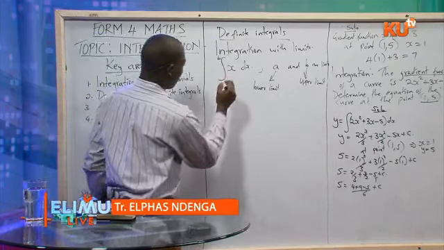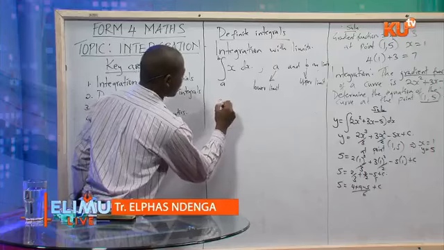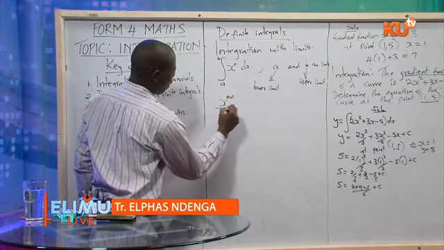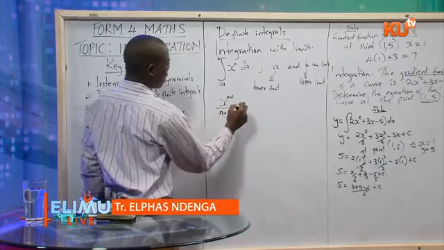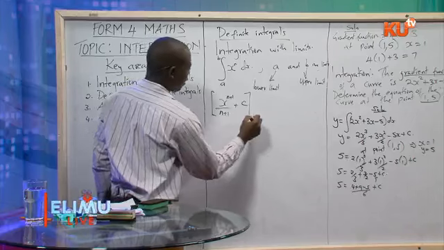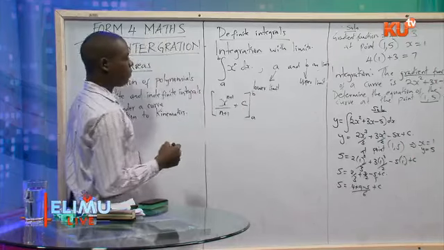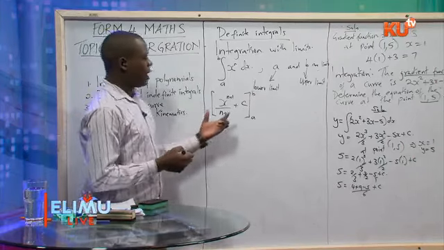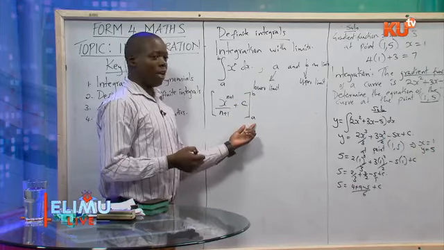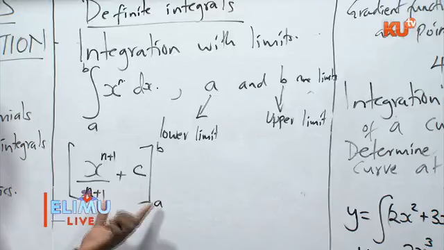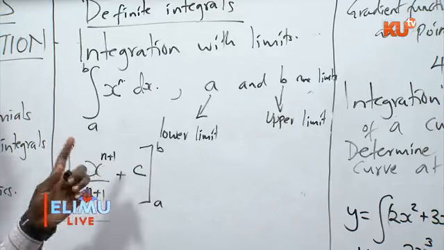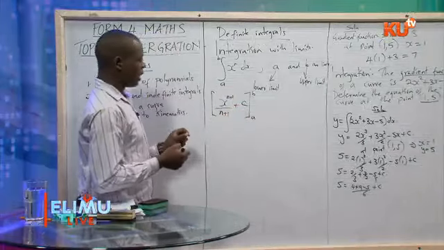So if we integrate this, then we are going to have x to the power n plus 1 over n plus 1, then plus a constant c, from a to b. So what it means is the value of x is b and the value of x is a. So we substitute in a and b in the integral values to get the value for c in this case.